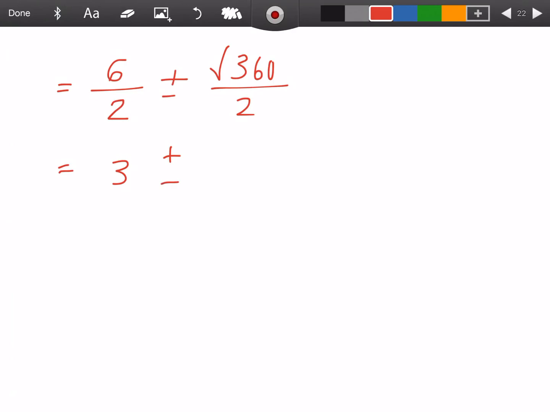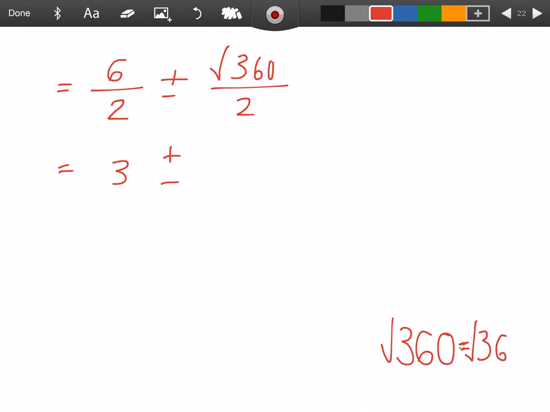Simplify it. You should be able to simplify root 360: two numbers that multiply to it, where one's a perfect square. What's the highest square number that will go into 360? 6 sixes are 36.